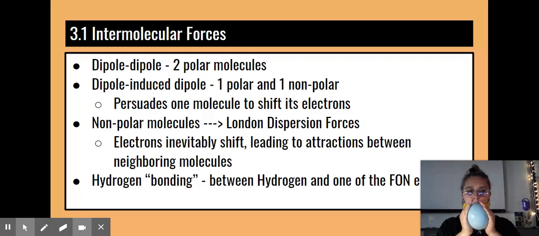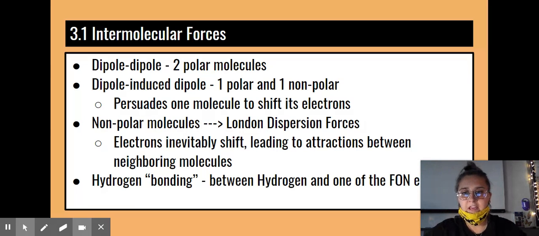If they're all nonpolar and circular, those electrons, again, they're not stagnant. They're constantly moving around. And so eventually you will have a molecule or two whose electrons shift at the right time, and Coulomb's law comes into play, where your opposite charges will attract and form that collective force between them.